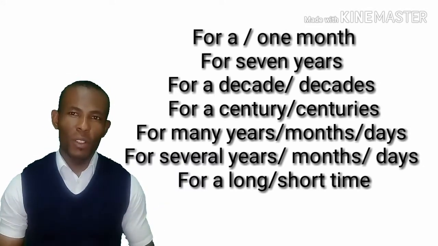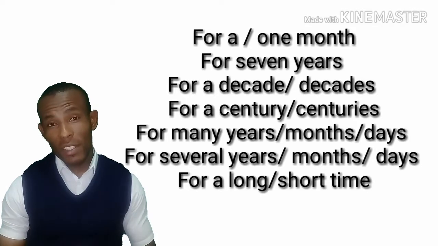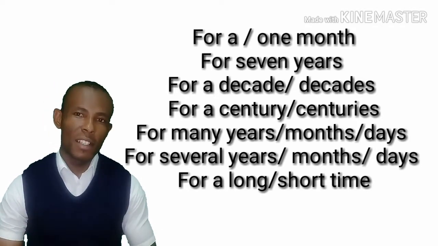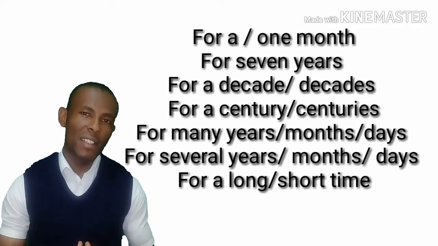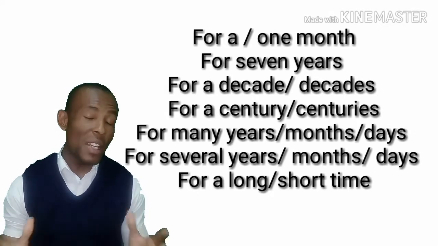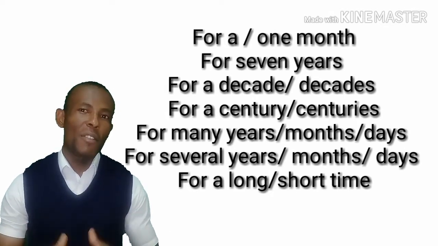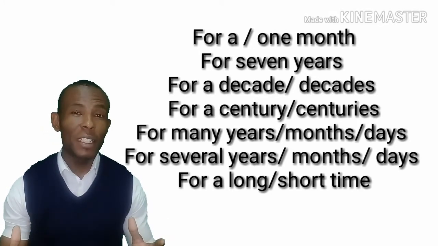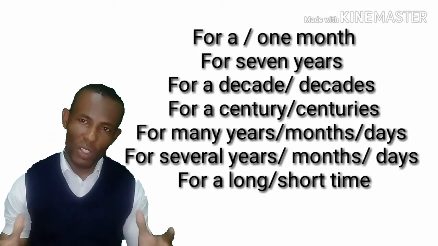Here are some more. For a month or for 1 month. For 7 years. For decades. For centuries. For many years, for several years, for a long time, or for a short time.